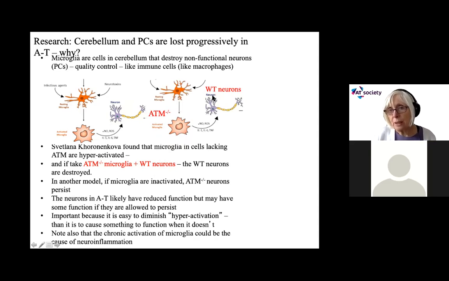normal neurons. Sometimes we call these normal neurons, but that implies that the AT neurons are abnormal, which is probably the case in this case, but it's not always the case. So wild type just means normal. And ATM minus means you're not making any ATM protein.